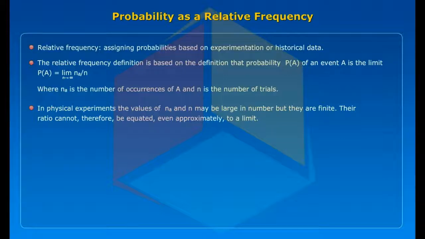In physical experiments, the values of N_A and n may be large in number, but they are finite. Their ratio cannot therefore be equated even approximately to a limit.